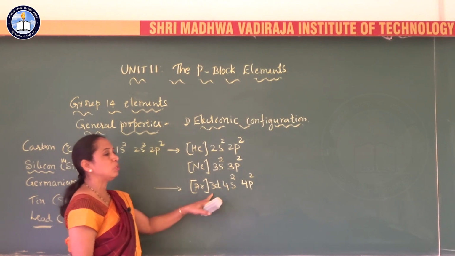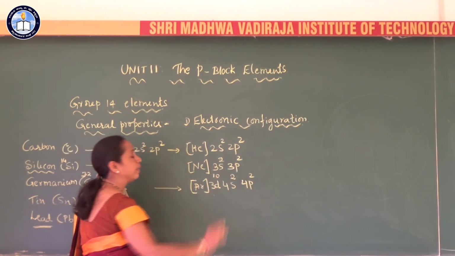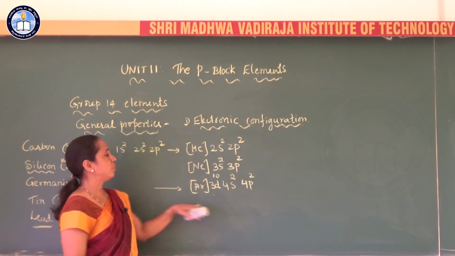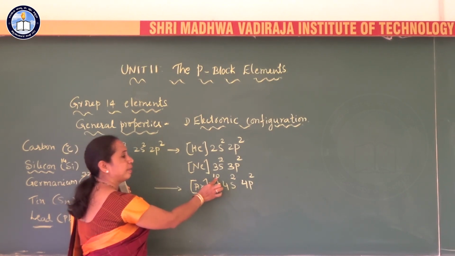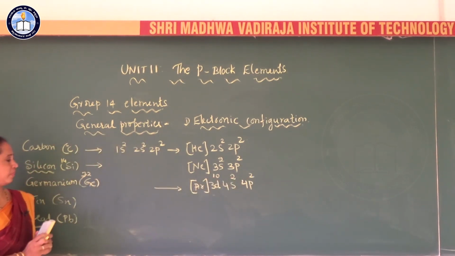The 3d subshell comes before the 4s orbital. Electrons enter there first, and the maximum capacity of d electrons is 10 electrons. So totally argon has 18 electrons plus 10 plus 2 plus 2, total 32 electrons.